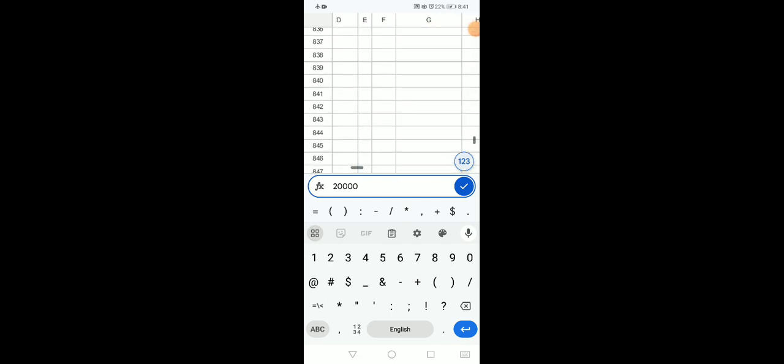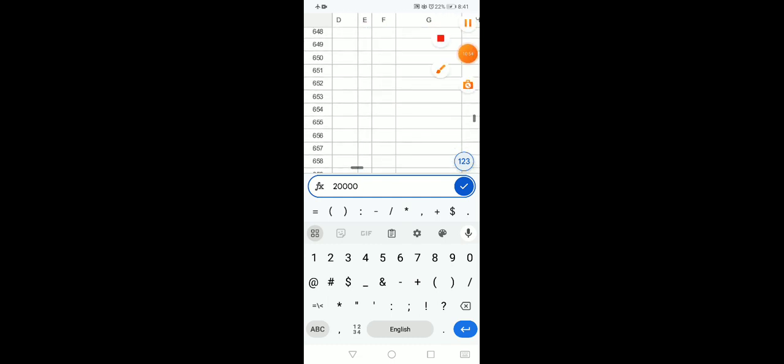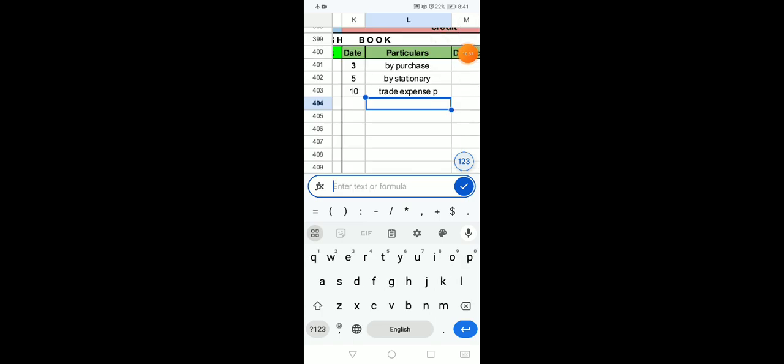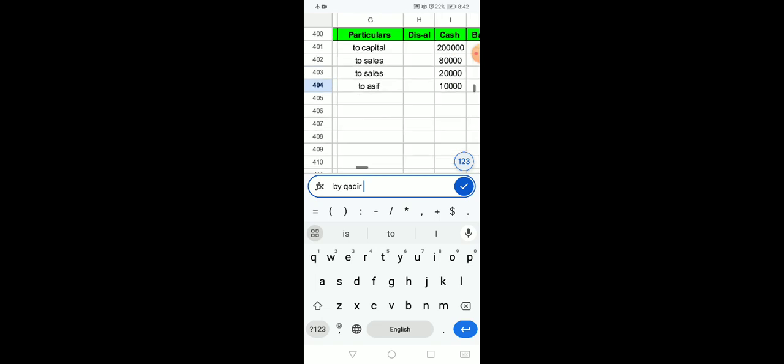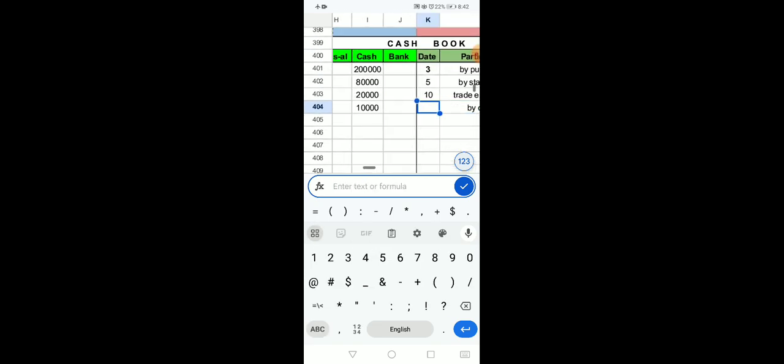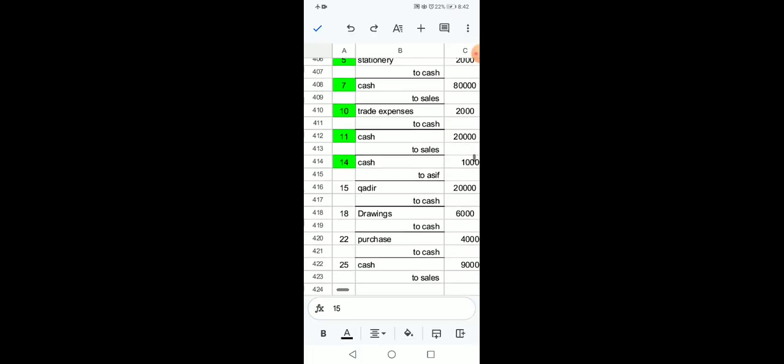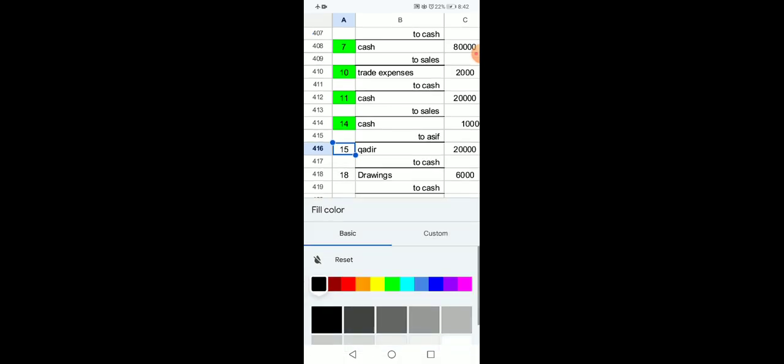So you will mention the name of Qadir in particulars column with an additional word of by. So here you will write by Qadir. Now see its date, which is 15. So you will mention 15 in the date column. In entry number 15 there was only one element, cash, which has been posted. It means entry number 15 is completed. Mark it as it has been done.